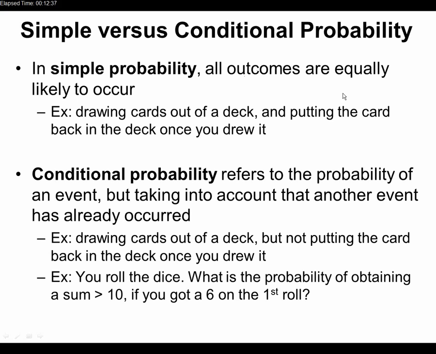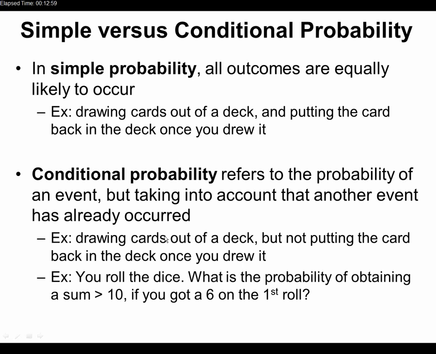In simple probability, all outcomes are equally likely to occur. Example: drawing cards out of a deck and putting the card back in the deck once you've drawn it. Do you get what I mean there? Whereas conditional probability means that I take the card out and don't put it back. It refers to the probability of an event, taking into account that another event has already occurred.